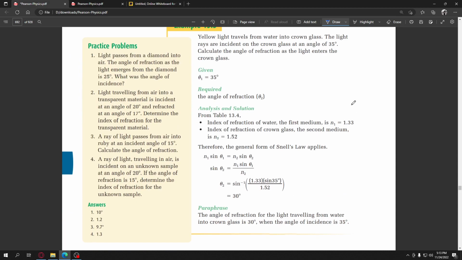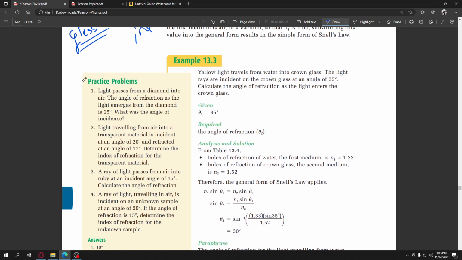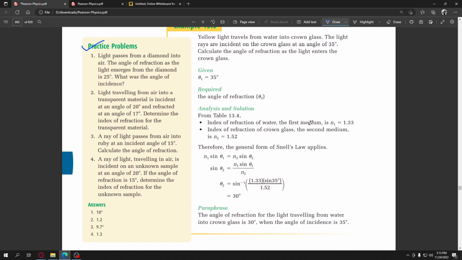I think you can pretty much understand what's going on. You had given me a question, and the practice problems are given here, and in example 13.3. Unfortunately, diagram drawing for me will be very difficult online because I can't make accurate lines. But if you look at the calculation, yellow light travels from water into crown glass.